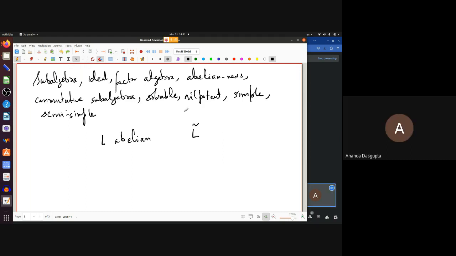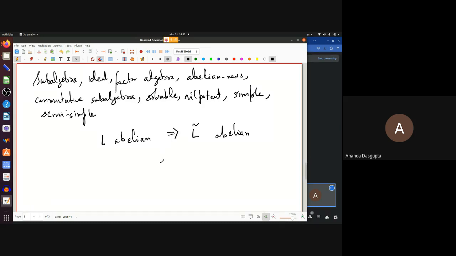That's one possible way of saying it. The other possible way is to start from the defining bracket in the first place. The bracket of x plus iy, comma u plus iv, is defined using combinations of xy, xu, xv, etc. Each of these brackets will vanish, so you will get zero. And so if L is abelian, then L tilde is abelian.